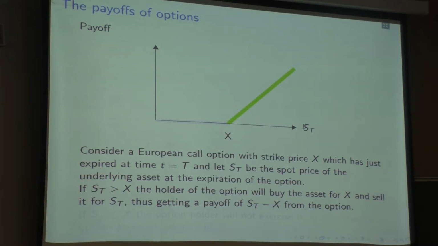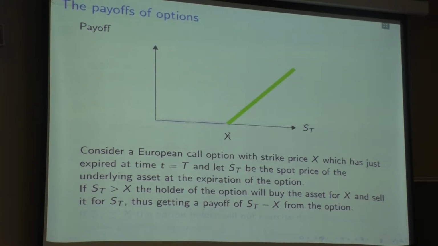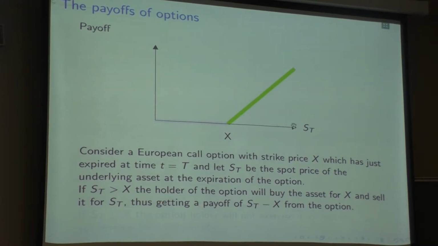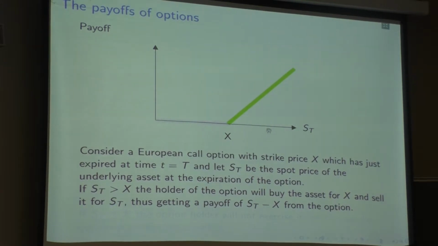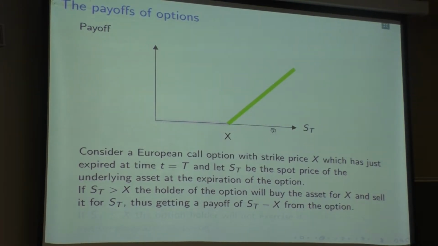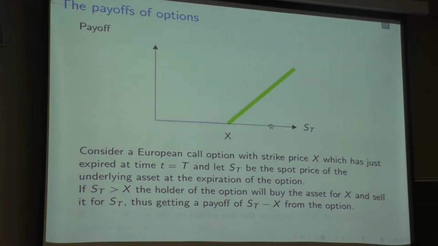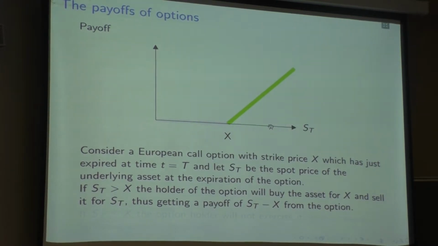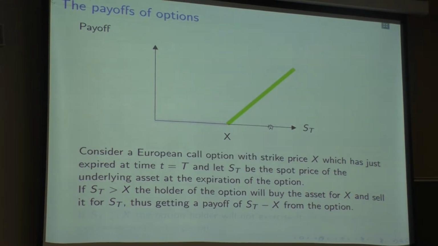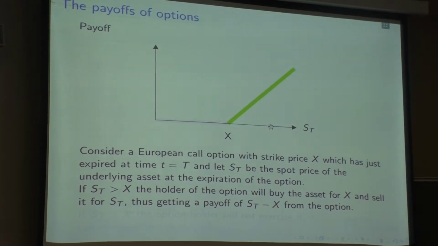So if we imagine the price, suppose that we have a European call option with strike price x, so let's put the value of x on the underlying asset price at expiration axis. If we imagine ourselves landing in a world in which the underlying asset is traded for more than x, then we make a profit because we have the right to buy it for x, and then we can sell it for more than x.